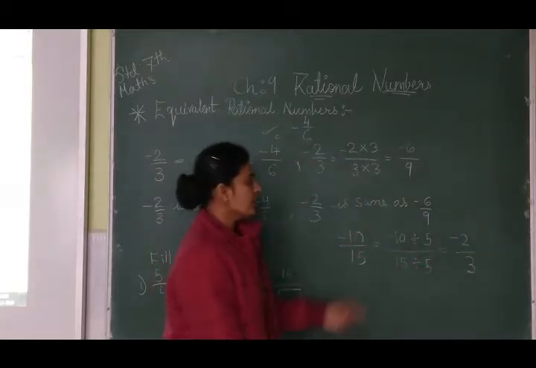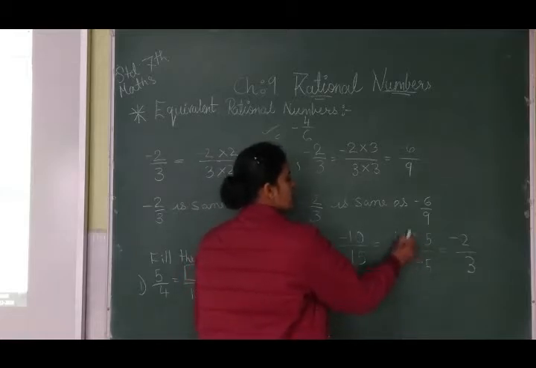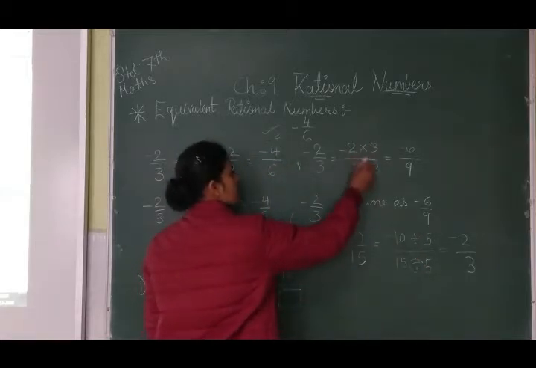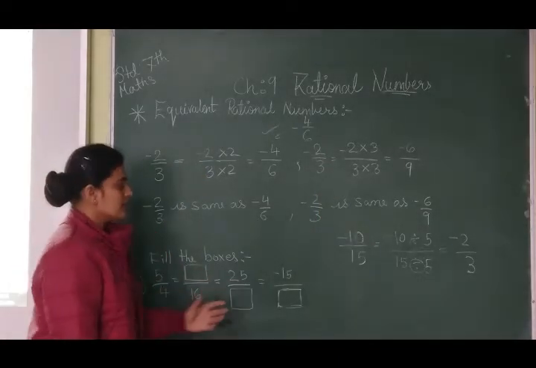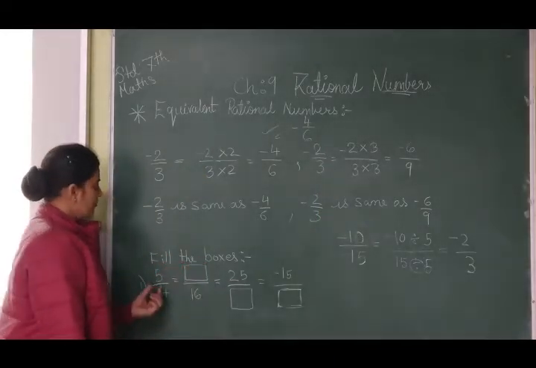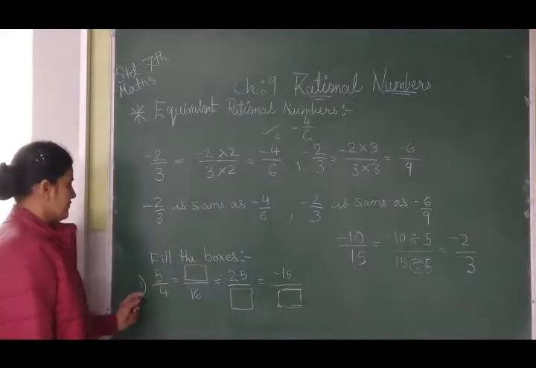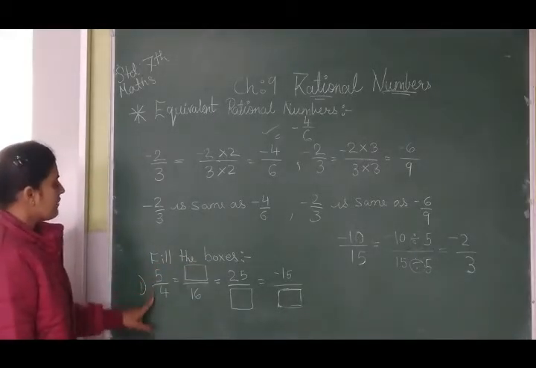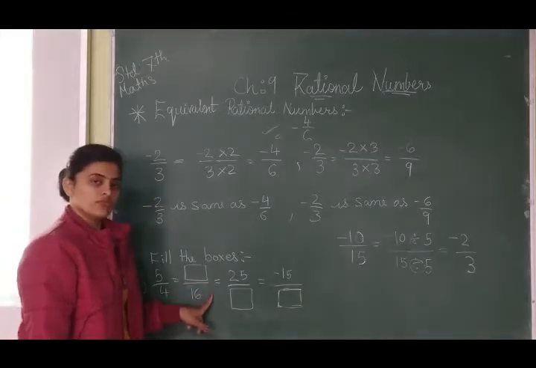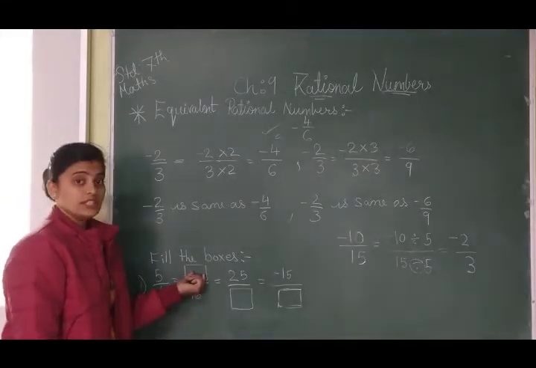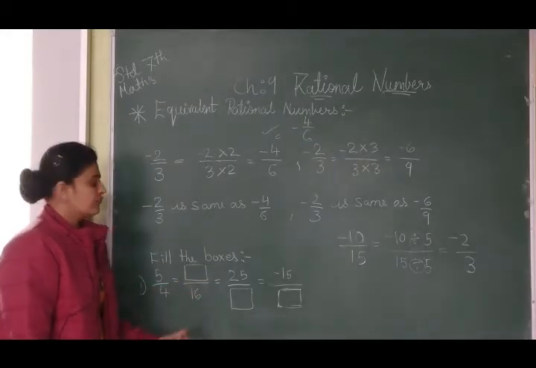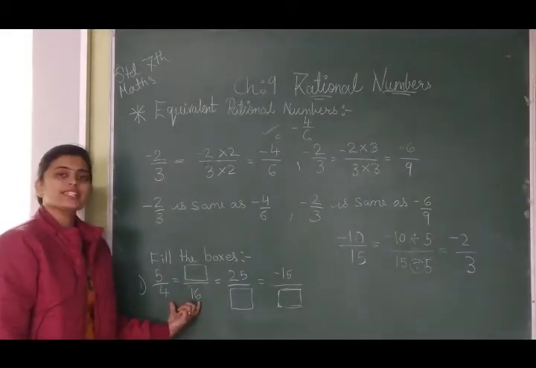Here you can use division and multiplication both for finding equivalent rational numbers. Now let us see one example. Fill the box. First, 5 by 4 is equal to what over 16? 16 is already given and you have to find the numerator. How will you find it? Find the relation between 4 and 16.